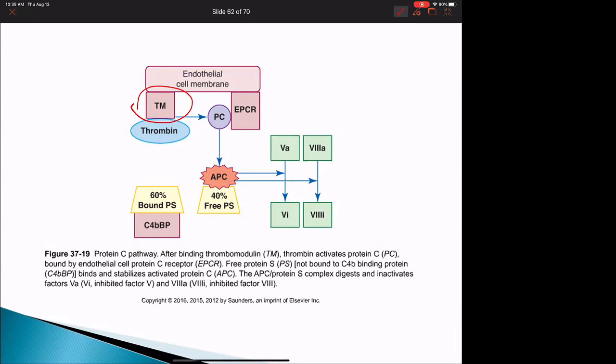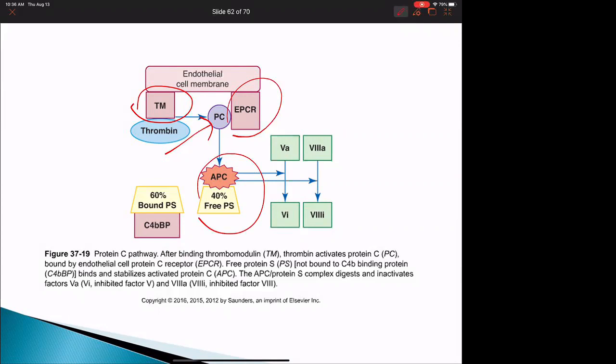After binding thrombomodulin, thrombin activates protein C, so right over here. This protein C is bound by endothelial cell protein C receptor, so it's a receptor on the endothelial cells. In this particular pathway, you need free protein S, which is a cofactor, and it binds and stabilizes activated protein C. So free protein S binds and stabilizes activated protein C.